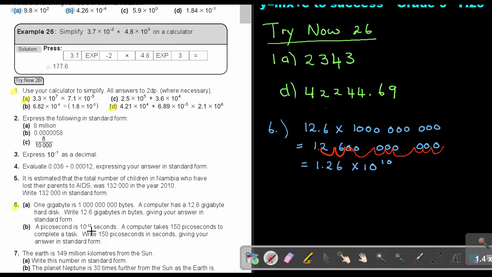This is number B: 10 to the power negative 12, and we are going to multiply it with 150. You can press on your calculator EXP, negative 12, and then multiply 150, and you're going to get 1.5 multiply 10 to the power of negative 10. And that will be the amount of seconds.